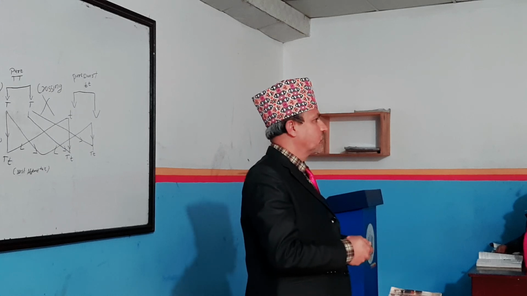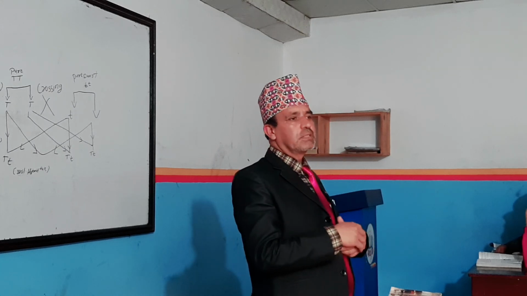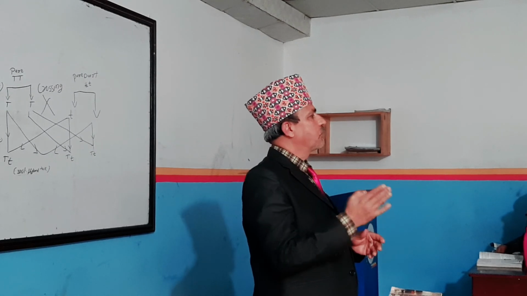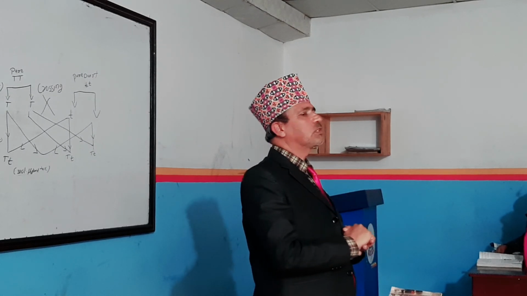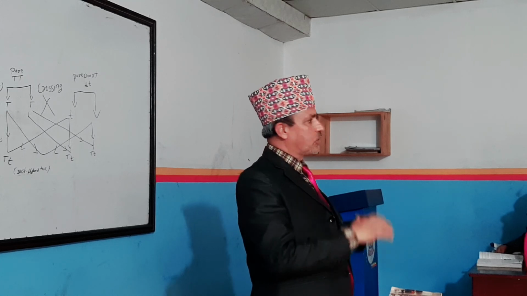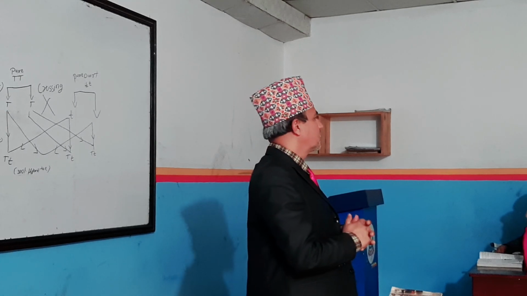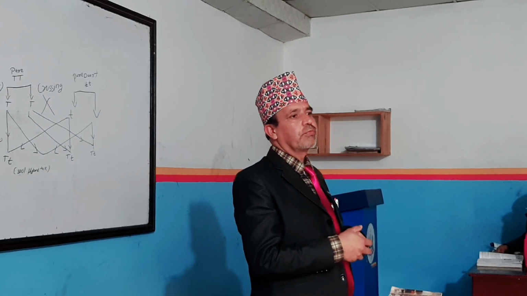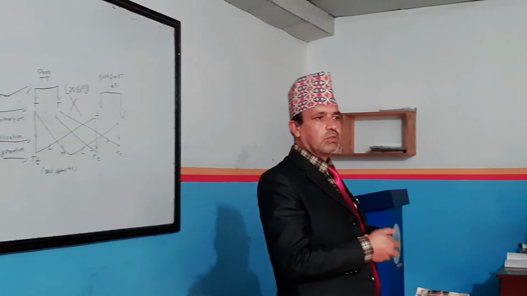After our unit test, the third evaluation test, we will continue our lessons. Once in a week, some students will get a chance to tackle their friends' questions. Understood or not?